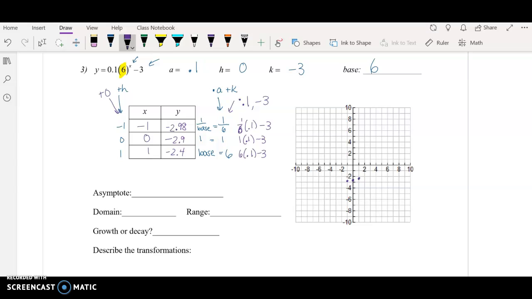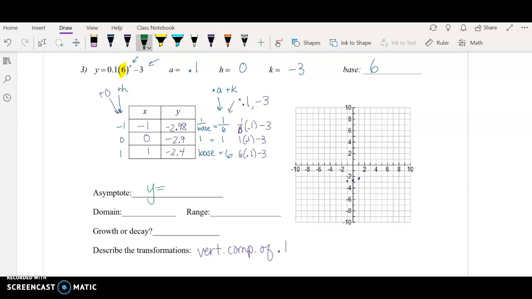Now this looks very shrunk down, and that is because your A value here, since it's 0.1, is actually a vertical compression of 0.1, which means it gets 0.1 as tall as it normally would. It gets squished by a factor of 1/10, which is why it's so short here. Your asymptote for this one is going to be a horizontal line.